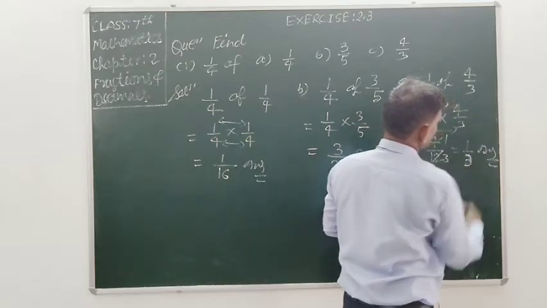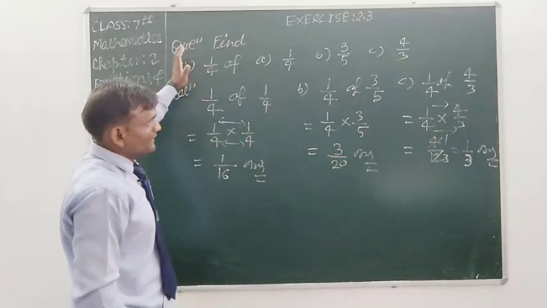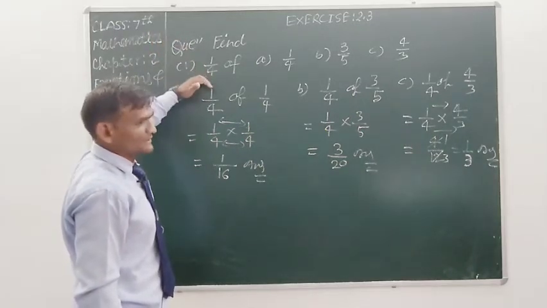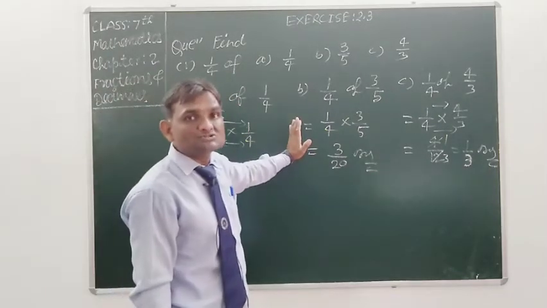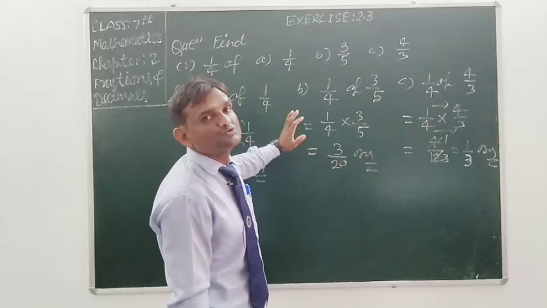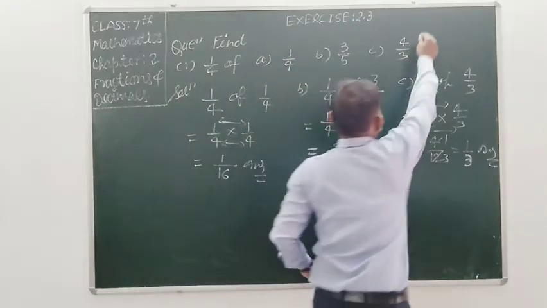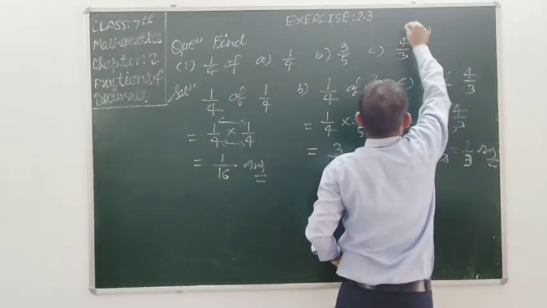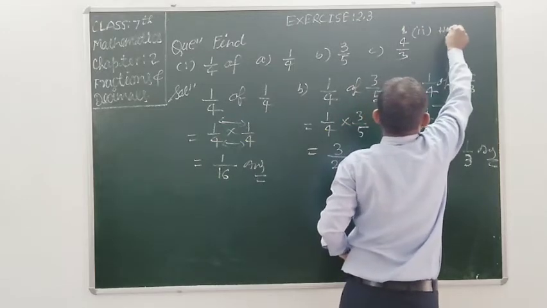So student, I hope you have understood the first part of question number first, and in the same way, student, you will solve the second part of this question. The second part of the first question is homework for you.